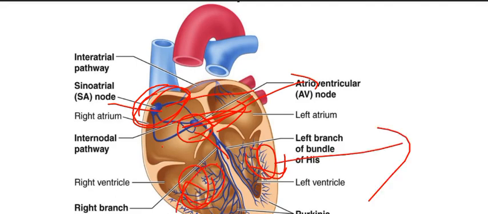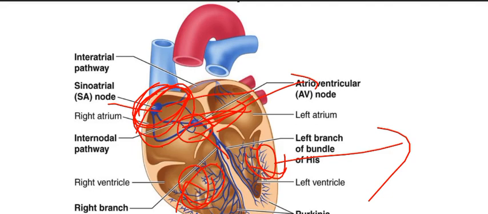So you might be asked how the heart controls its electrical activity, or how the electrical activity of the heart works. You simply say the heart has a series of nerve cells at the right atrium. These nerve cells are known as the sinoatrial node, which are able to generate impulses.